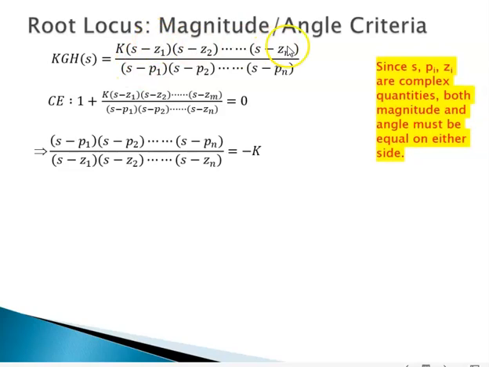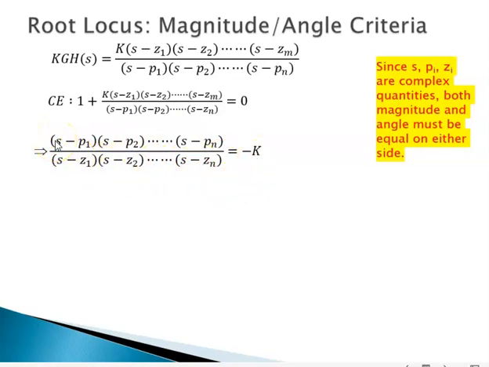You have m for Mary, the number of zeros, that is terms of s in the numerator, and similarly n for Nancy, the number of poles. The characteristic equation is written as 1 plus this equal to 0. You rearrange the terms and you see that it comes in this form. So and so is equal to minus K.